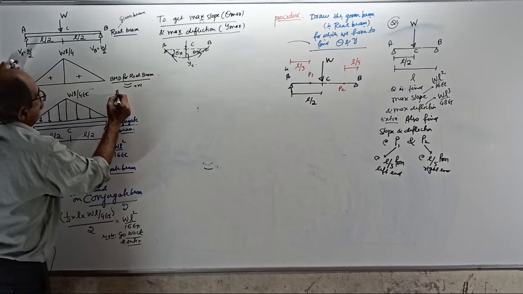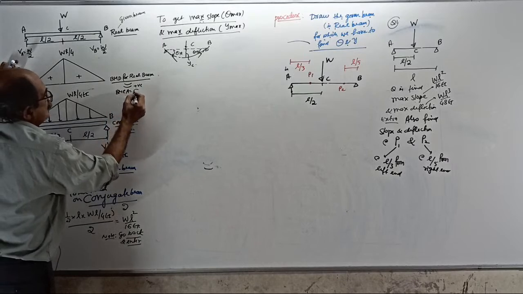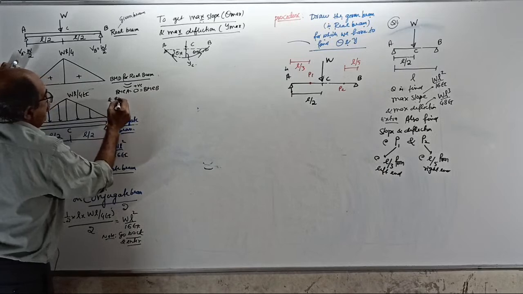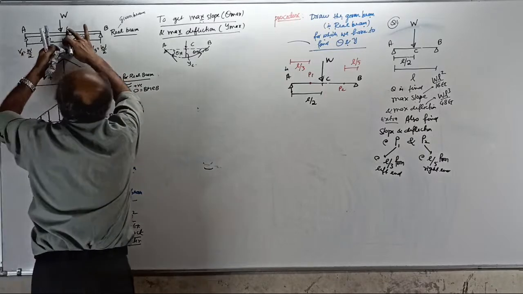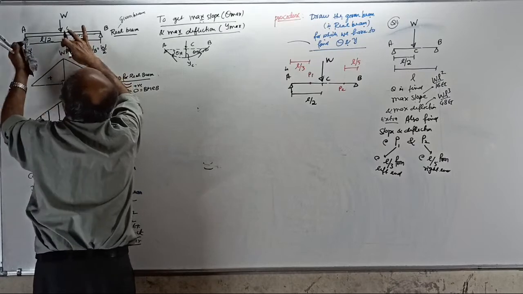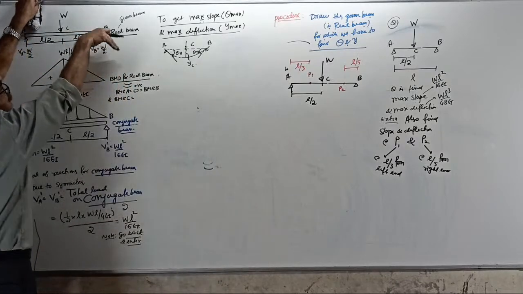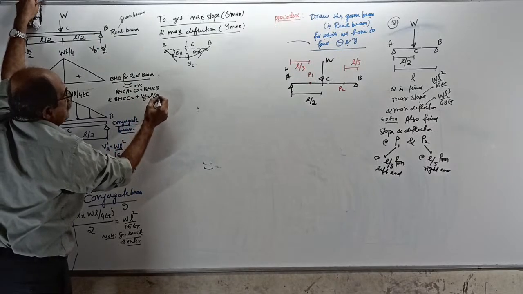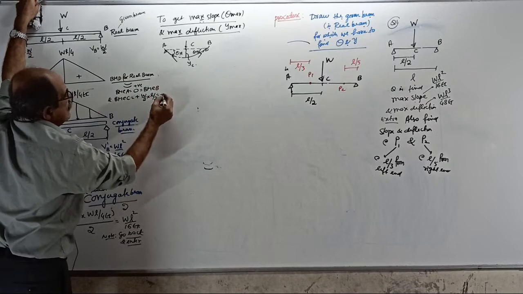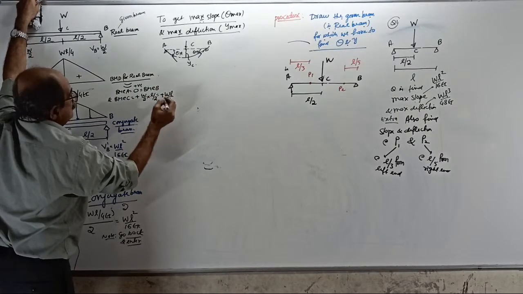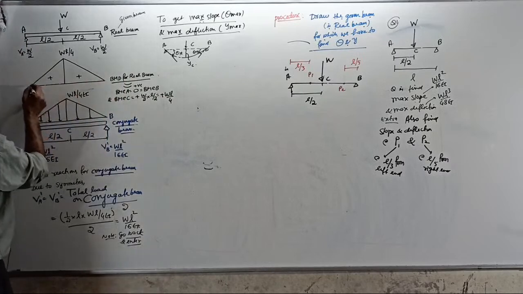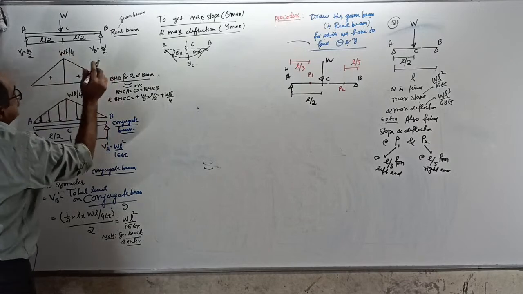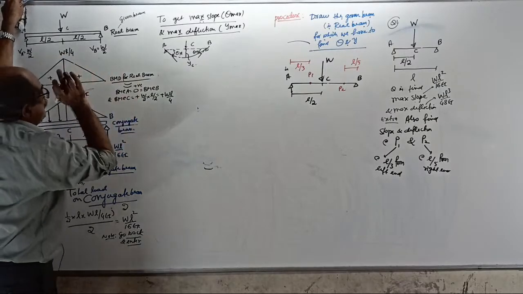BM at A equal to 0 equal to BM at B. And BM at C equals W by 2 into L by 2, plus, here also plus, W by 2 into L by 2, equal to plus WL by 4. Enter. Linear variation. 0 here, 0 here, WL by 4 here. Linear variation is the BMD for the real beam.